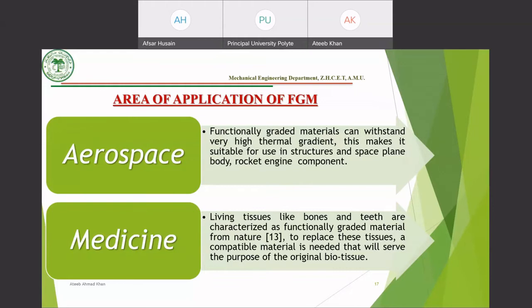The second is that it prevents, or at least reduces, thermal mechanical failure, because, as I already told you, it can withstand a great thermal gradient. The most important reason why FGM are used in FGM implants is the reduction in the stress shielding effect on surrounding bone that usually arises in the presence of a metallic joint.